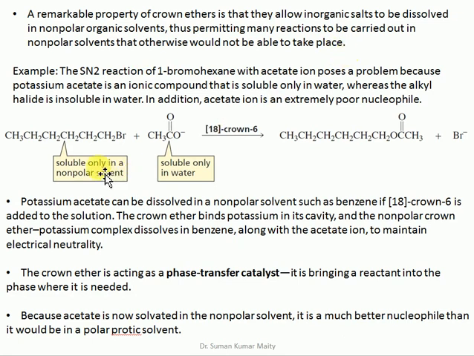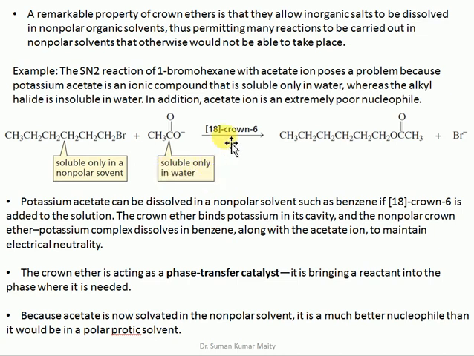For example, consider a nucleophilic SN2 reaction of an alkyl bromide with potassium acetate. Potassium acetate is soluble in the aqueous phase, and the alkyl bromide is soluble in nonpolar solvents such as benzene. So there will not be any reaction under normal conditions.